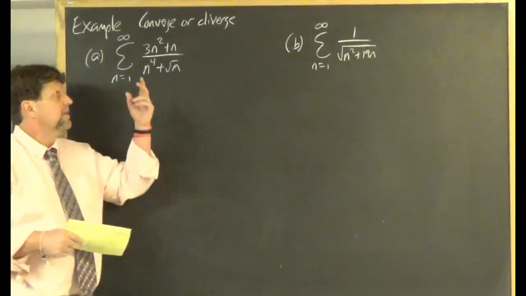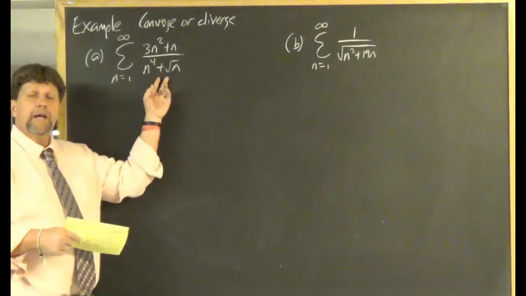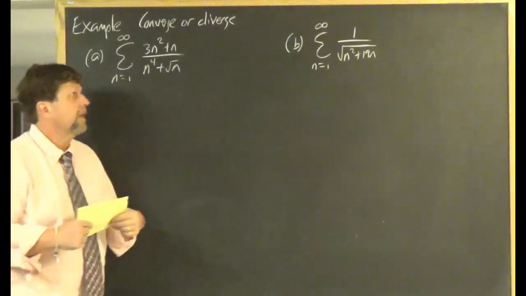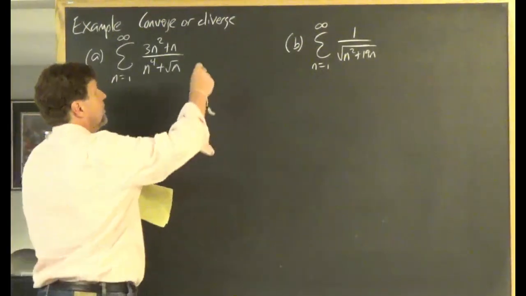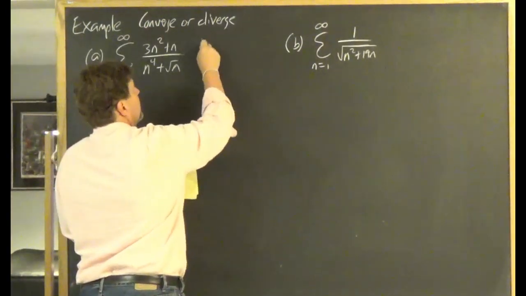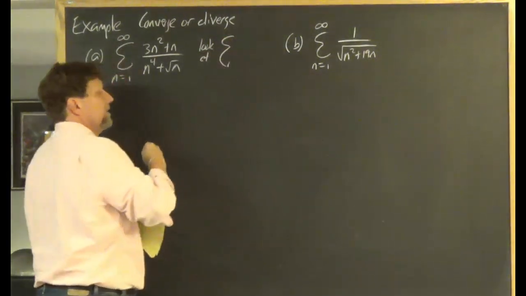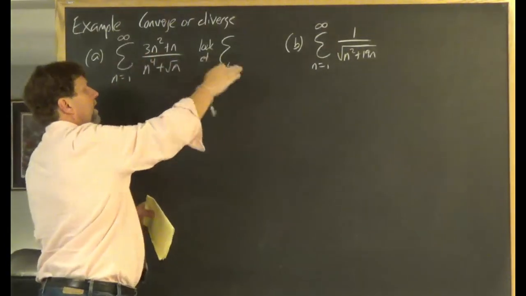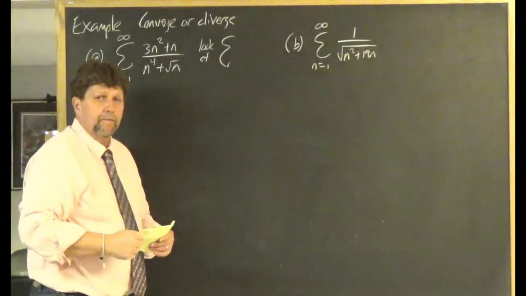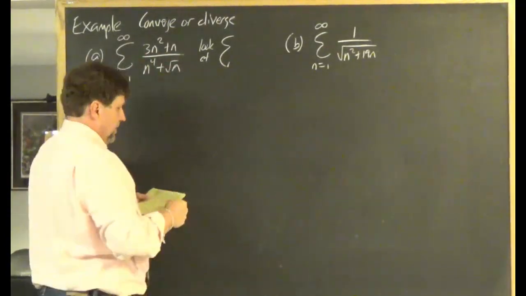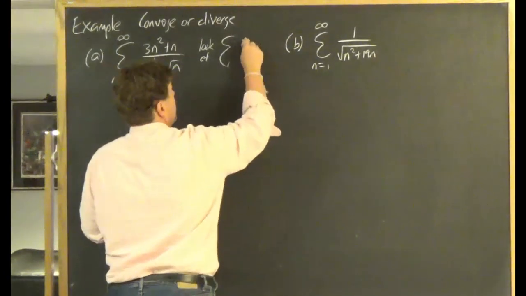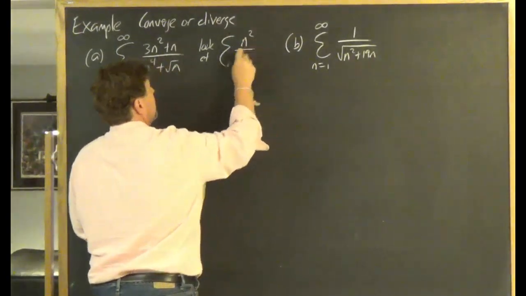So to figure out what to compare this to, let's look at the series where you ignore everything in the numerator except the largest power, which gives you n squared.